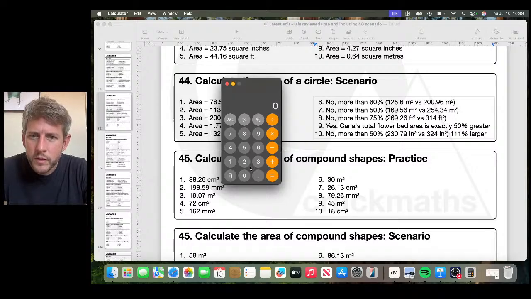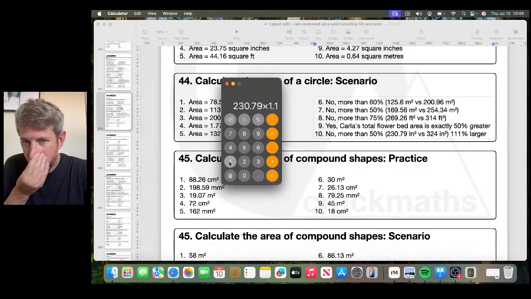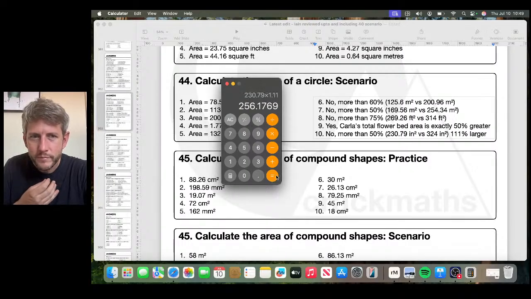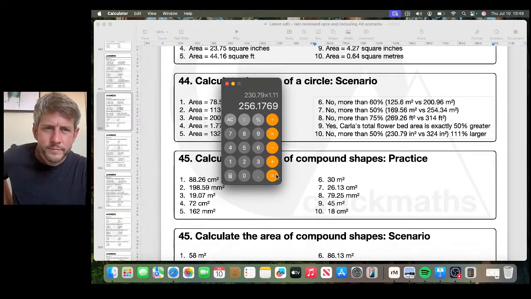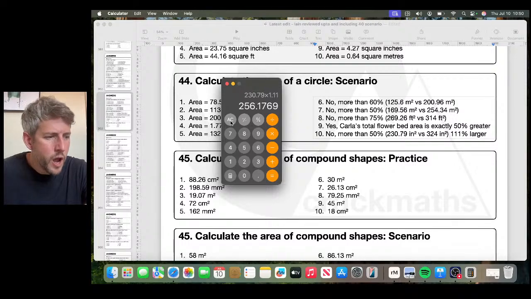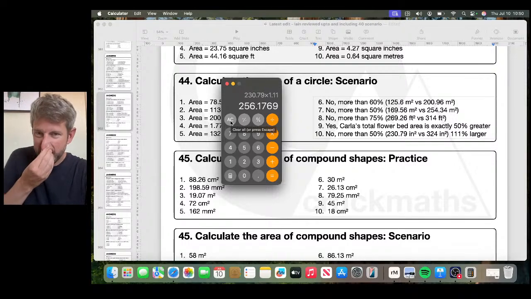If I do 230.79 times 1.11... Oh, one second. Why is that? Oh, because it's larger. So actually, no, it's one second.